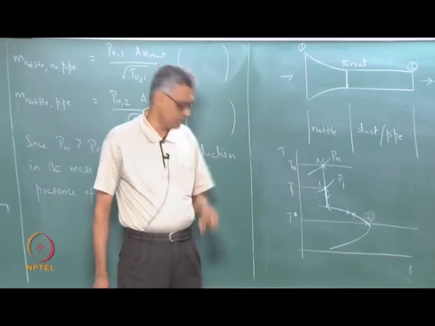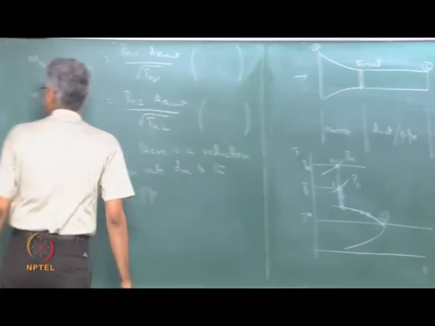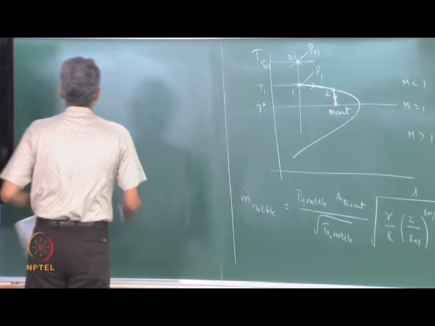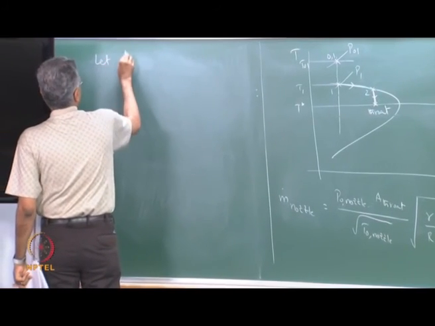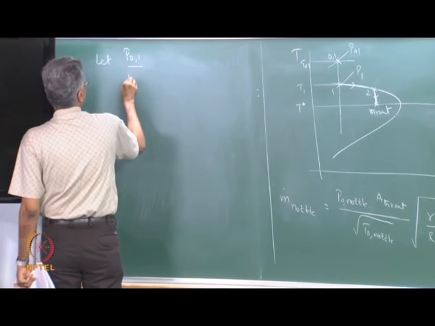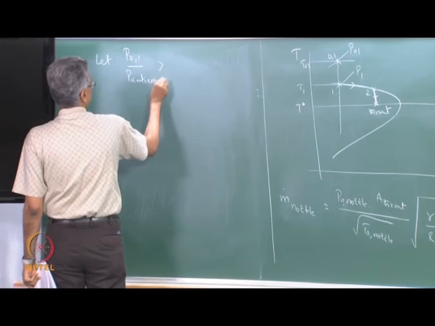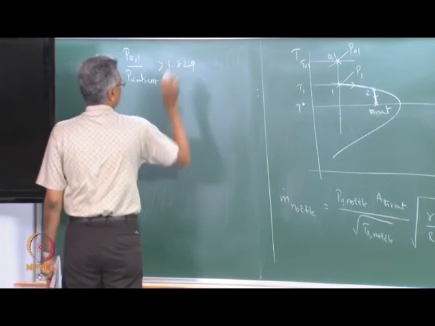So let us make the following statement. Let P01 divided by P ambient be greater than 1.829.